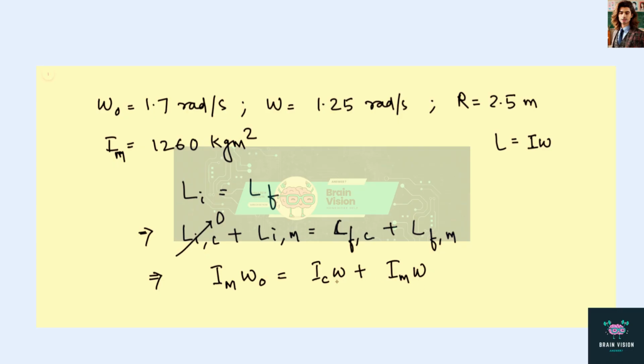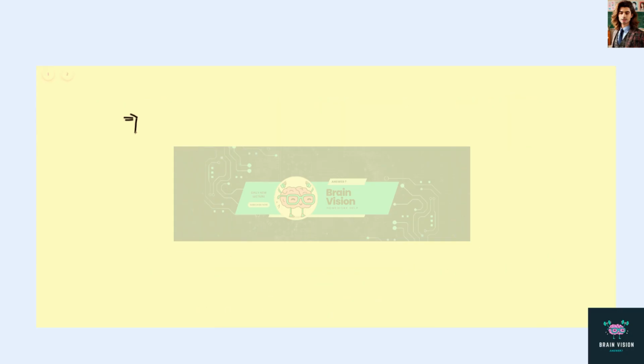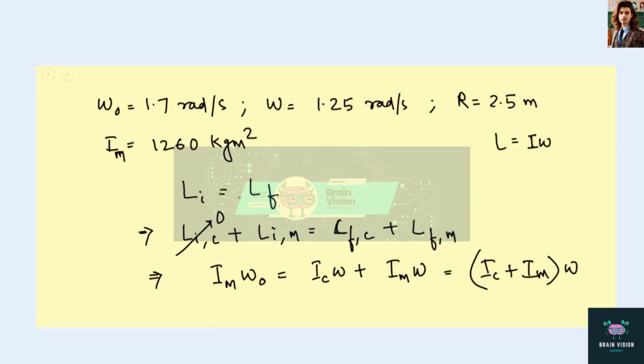Since the child is on the merry-go-round, they slow down and they have the same angular velocity. So we take the final angular velocity out of the expression. So this is what we got.